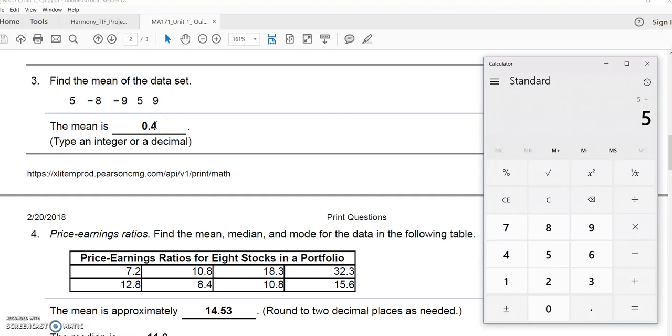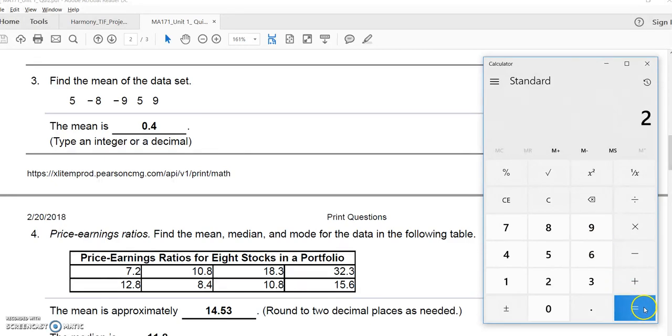So 5 plus negative 8, sorry, I messed up. So 5 plus, you hit 8 and then negative, plus 9, plus another 5, plus 9.